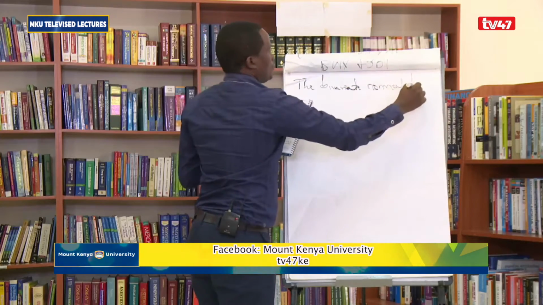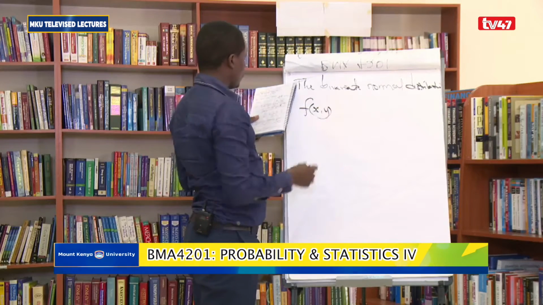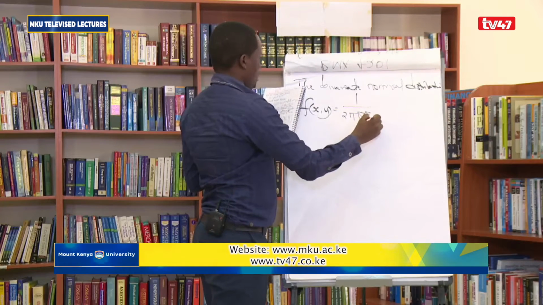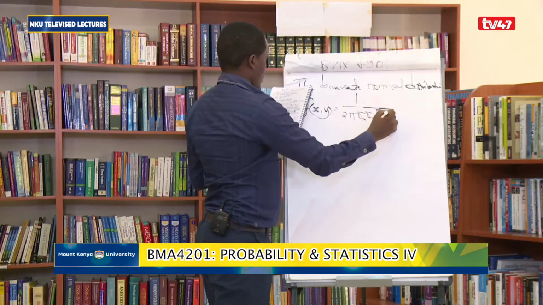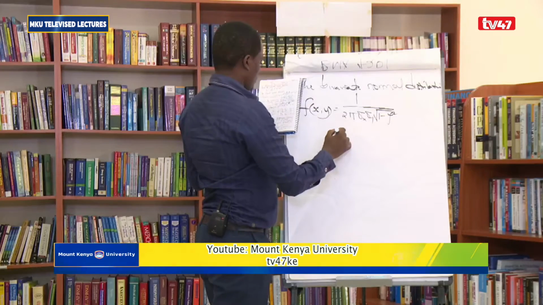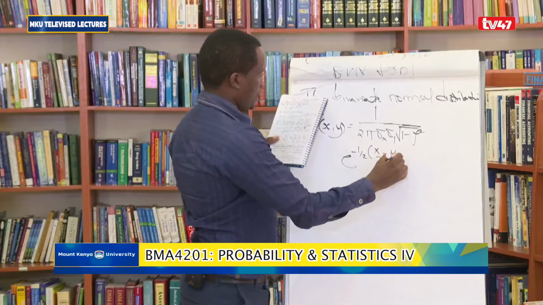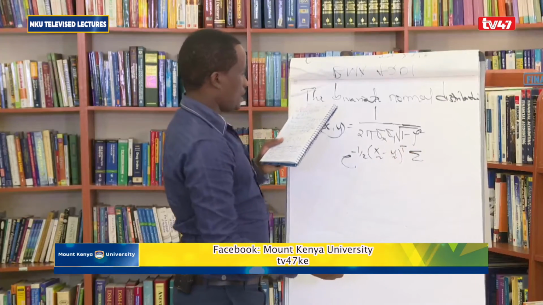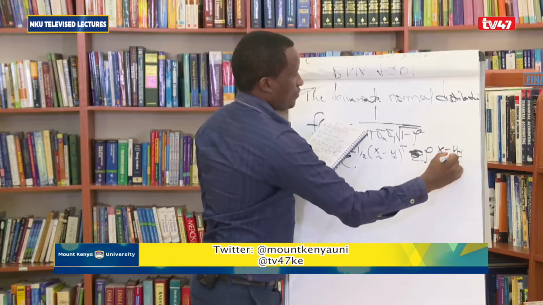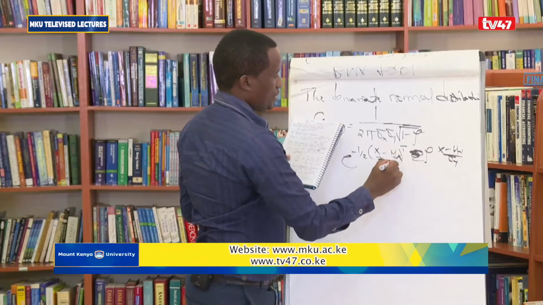Considering two random variables, x and y, you had f of x, y is equal to 1 over 2 pi sigma x sigma y, then the square root of 1 minus rho squared, where rho is the correlation between x and y, then exponential negative a half, x matrix minus mu matrix transpose, variance covariance, rho of x minus mu y all over sigma y. This is mu x all over sigma x.